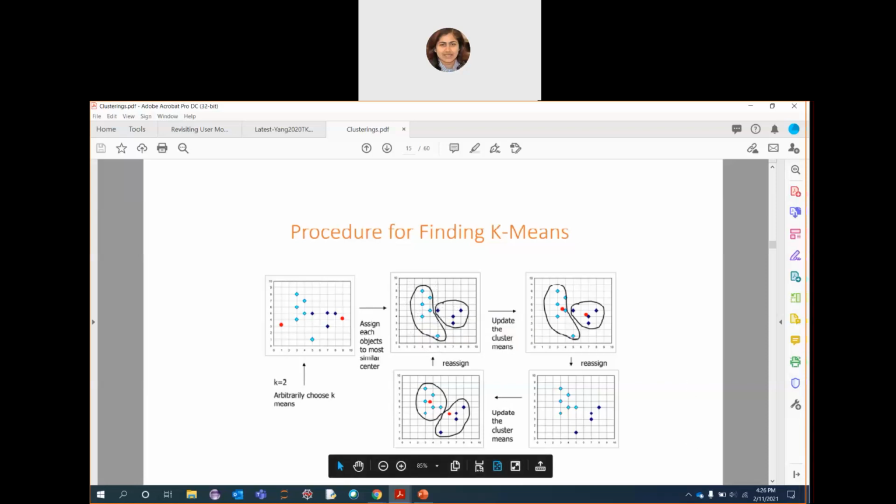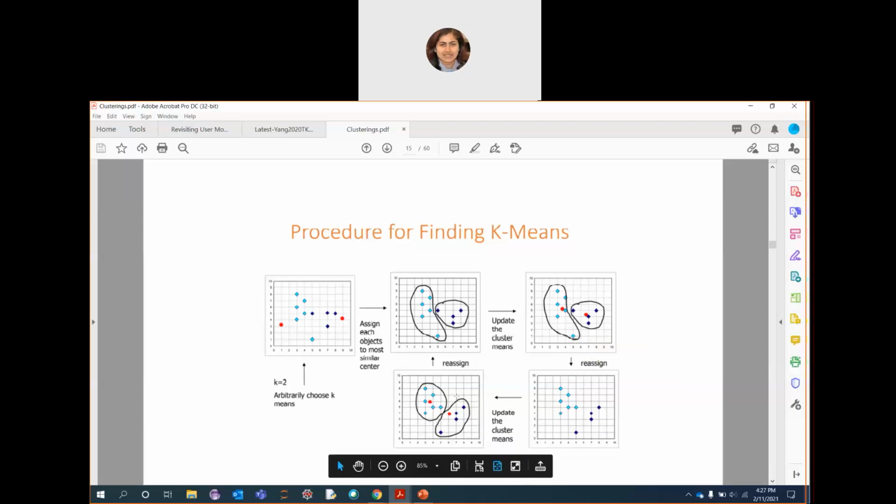Then after forming the cluster, the centroid or the mean needs to be determined. The red points are the mean. Then again reassign. So based on the distances between the points, these groups are again formed. Again you update the means. Each time the cluster formation shape and the points are moving, and the centroids are also moving.